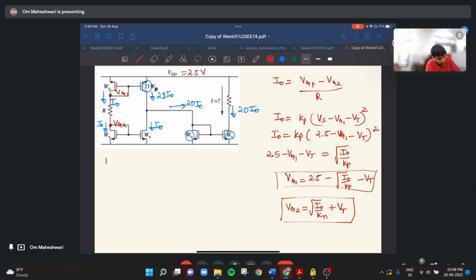And now I naught is (VG1 minus VG2) divided by R. Okay, let's write the values now. 2.5 minus under root I naught by KP minus VT is VG1, minus under root I naught by Kn plus VT for VG2, whole divided by R.